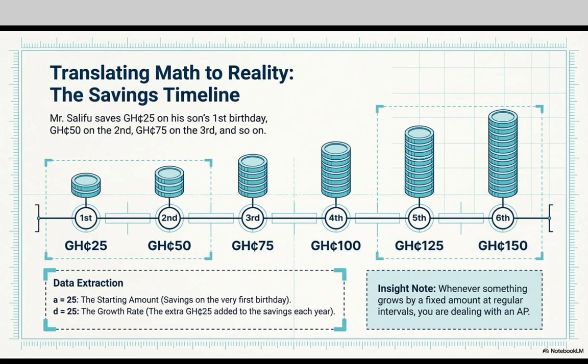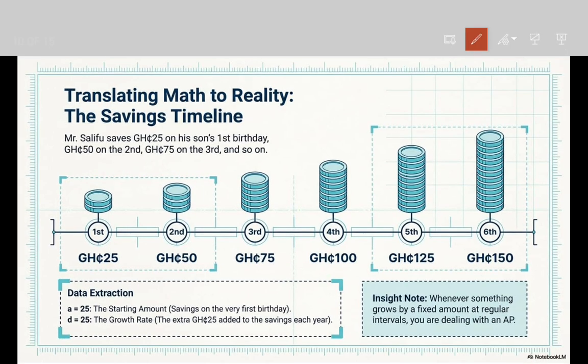So this is a simple insight to help you understand it even better. Our first term is 25. Our growth rate is also 25. Now pay attention to this. Whenever something grows by a fixed amount at regular intervals, we are dealing with an AP.